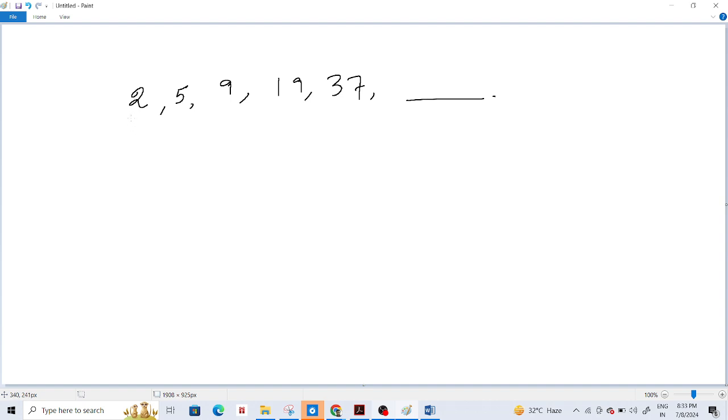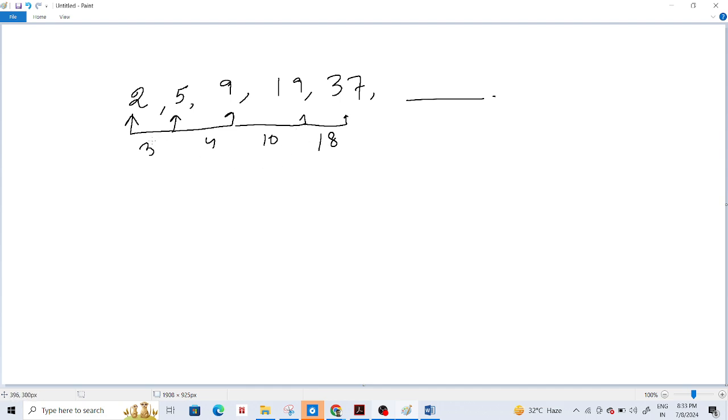Okay, so if I see alternative difference, I mean difference between every two terms, it gives me 3, 4, 10, 18.